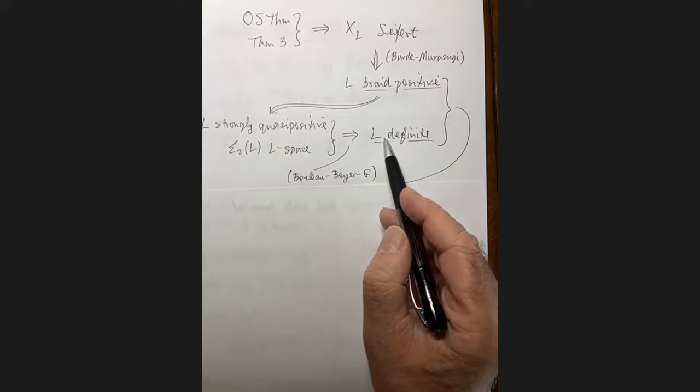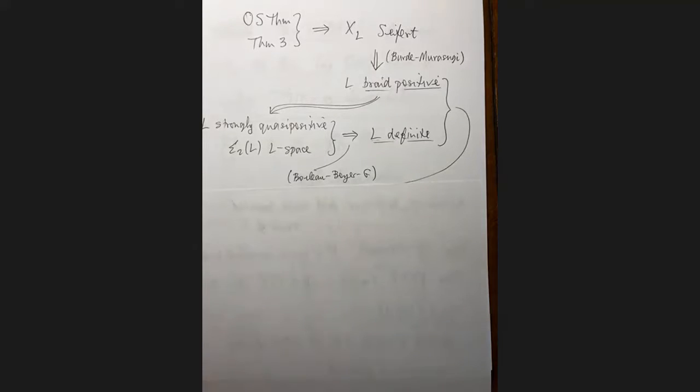Then it's an old result of Burde and Murasugi. They classified the links whose complements are Seifert fibered. They all turn out to be positive braids if you orient the components appropriately. If you're braid positive, in particular, you're strongly quasi-positive. And if the double branch cover is an L-space, Michel Boileau, Steve, and I proved quite a while ago that this implies the signature of L is maximal.